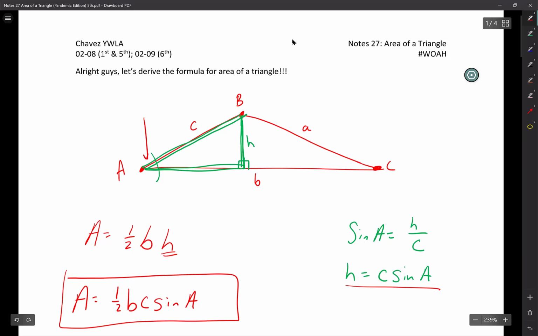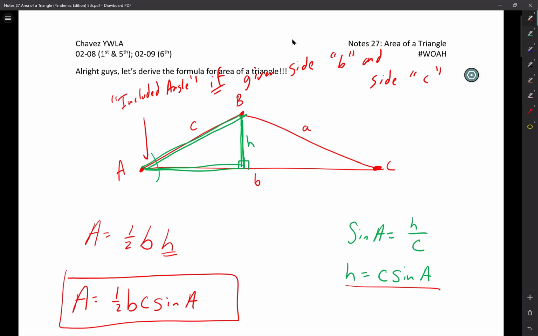We call this an included angle. So let me put this in parentheses for good notes: an included angle, if given side B and side C.